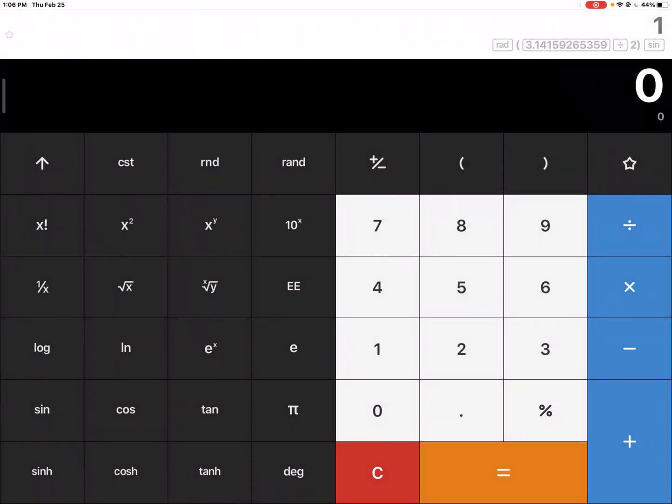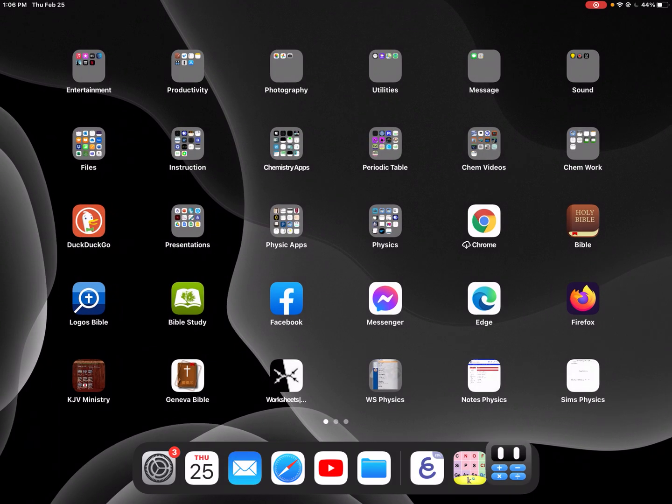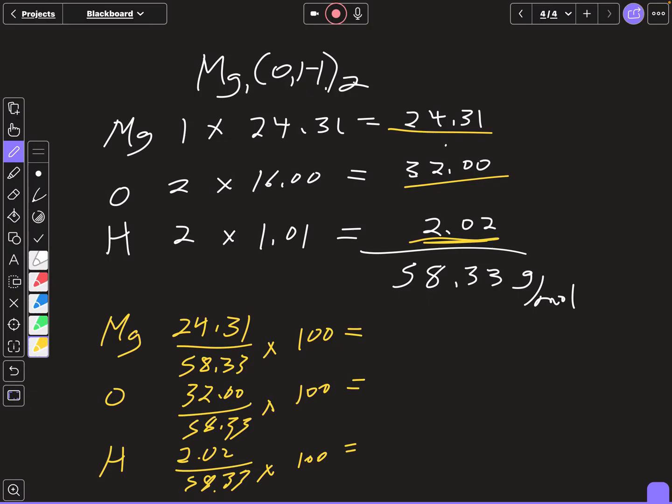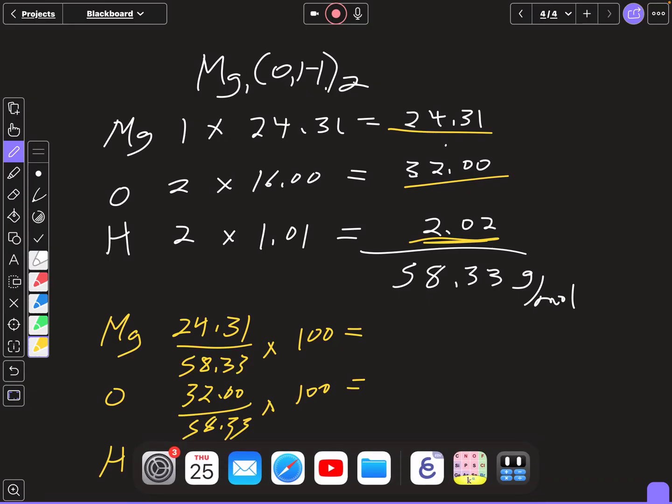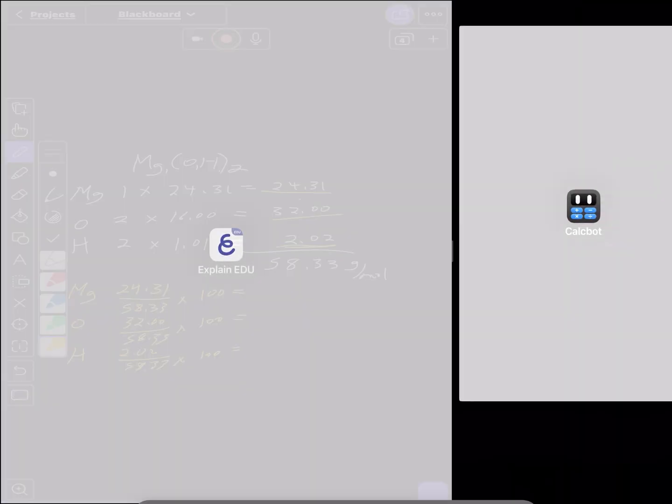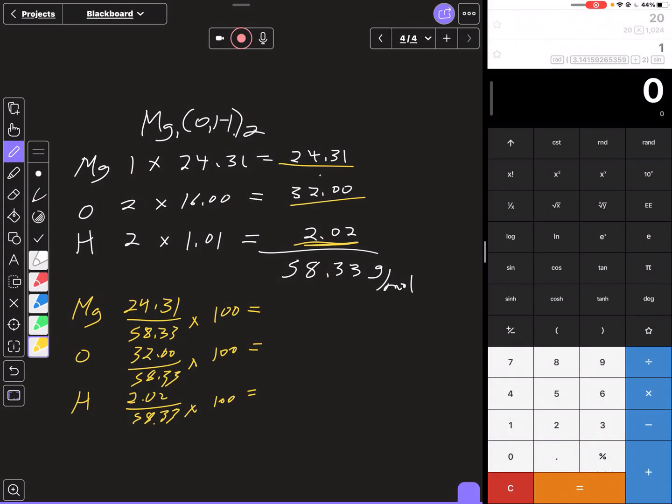So I'm going to get my calculator. And for magnesium, it's 24.31 divided by the molar mass, which is 58.33.